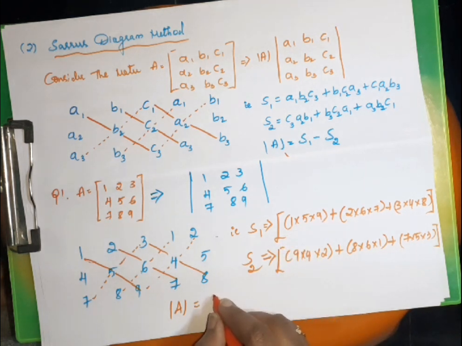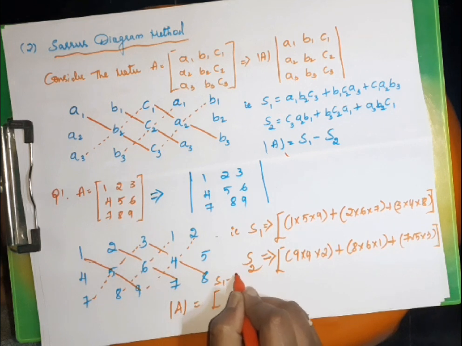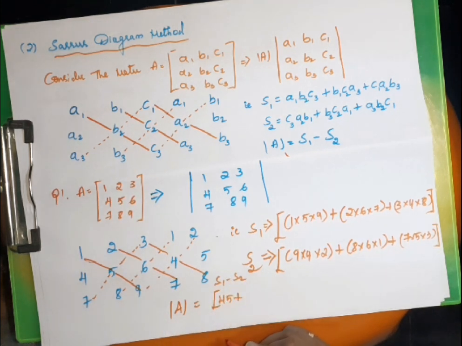So S1 minus S2, 45 plus 2 into 6 is 12, 12 into 7 is 84.